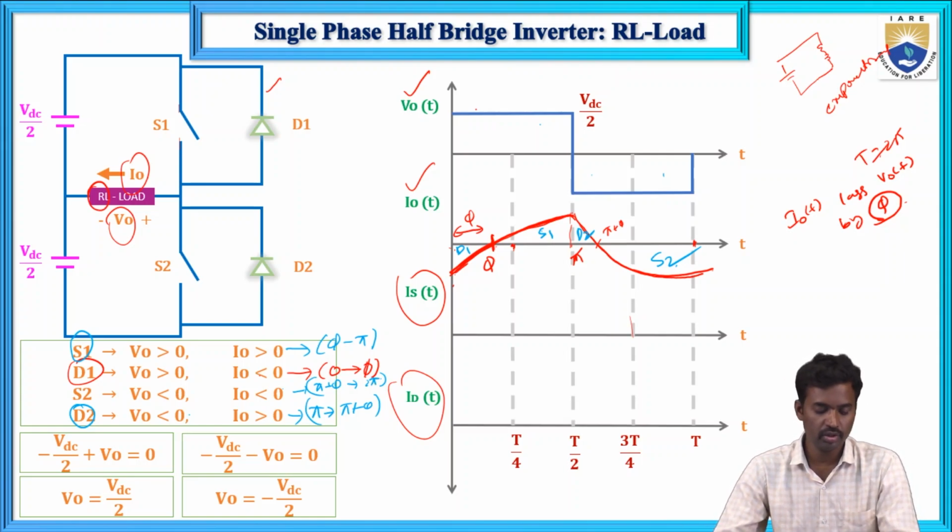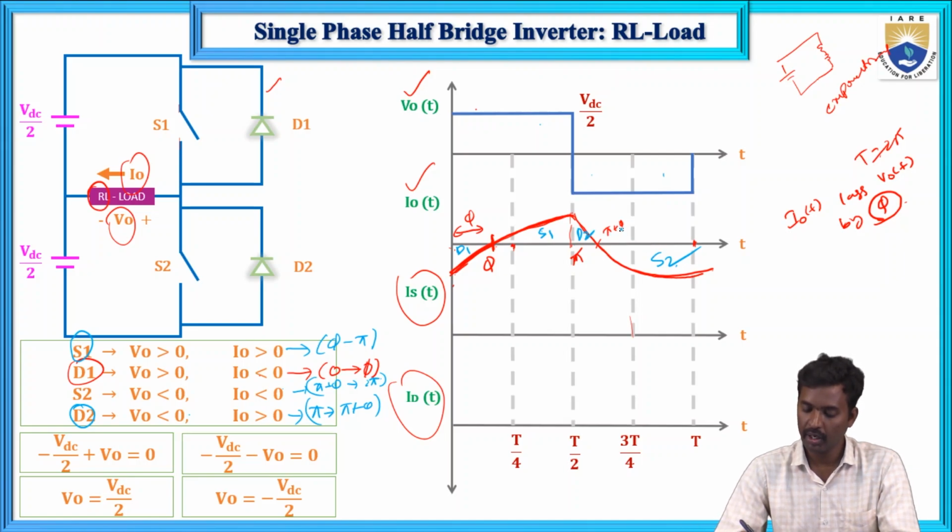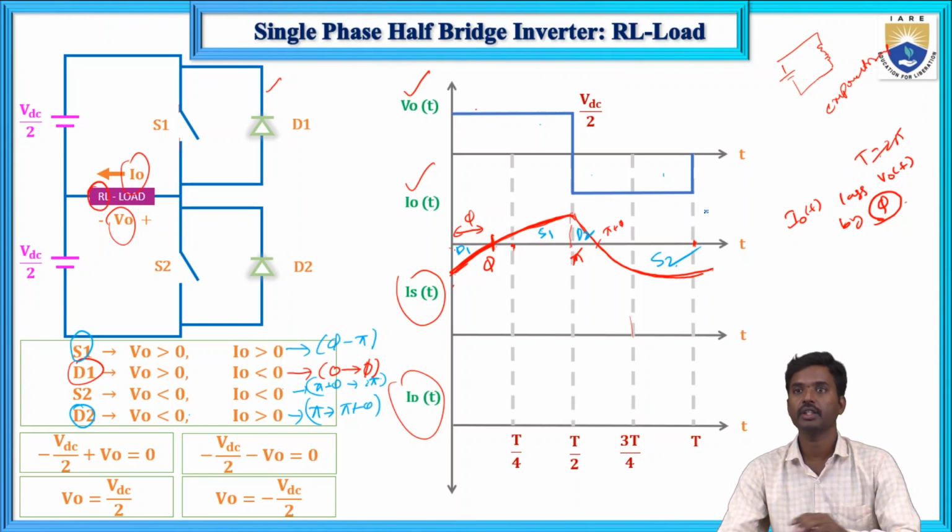So this is the switching time duration: for 0 to phi, D1 thyristor will conduct, and phi to pi S1 thyristor will conduct, and pi to pi plus phi D2 thyristor will conduct. And next pi plus phi to 2 pi, S2 thyristor will conduct.